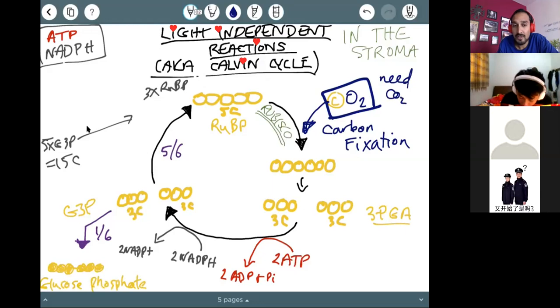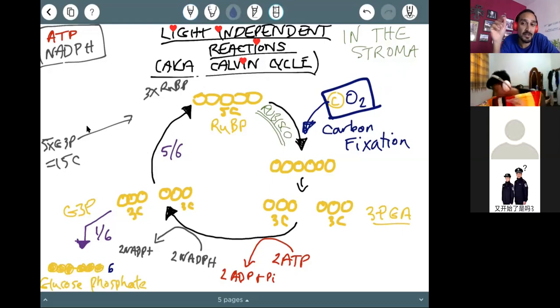So every turn adds 1 carbon, which means to get 6 carbons, you need to turn the cycle 6 times. And how come that works? It works because what you're left with after taking 1/6 can still be rearranged by a factor of 5 to make RuBP.